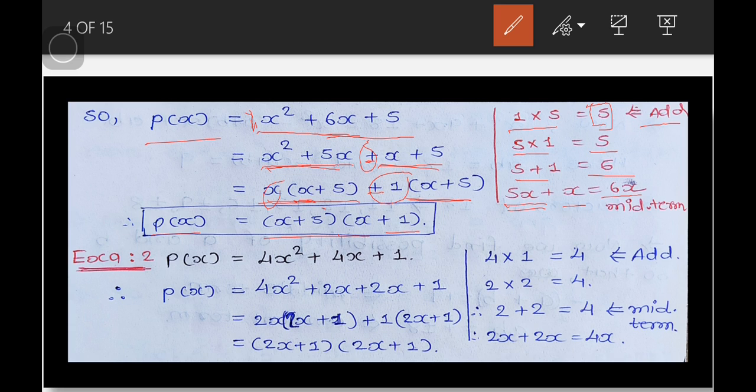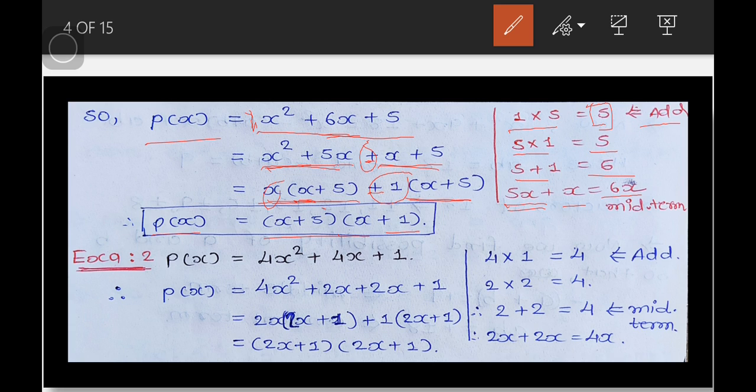Now you can see that we have factored the quadratic polynomial x square plus 6x plus 5 into x plus 5 times x plus 1. In this way you can factor by splitting the middle term of a quadratic polynomial.